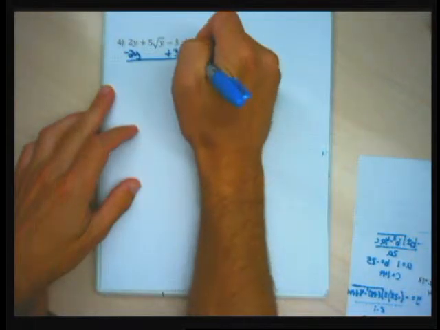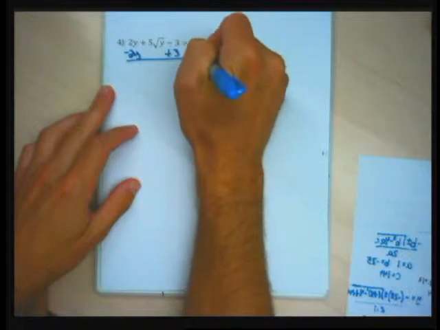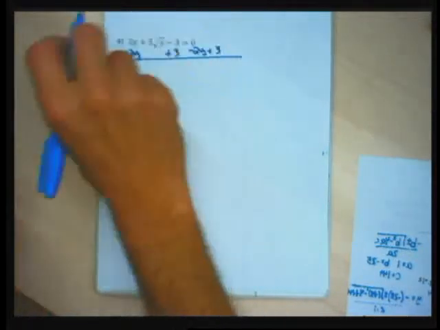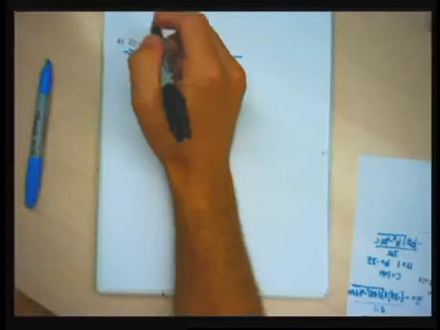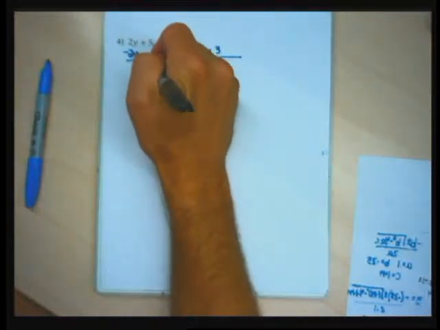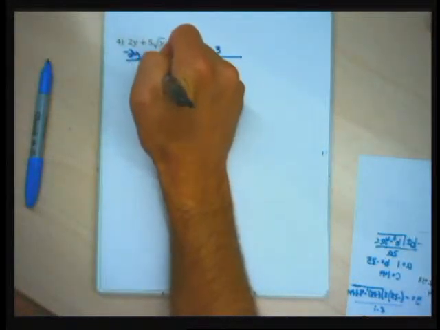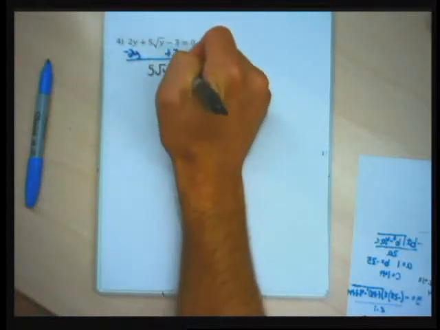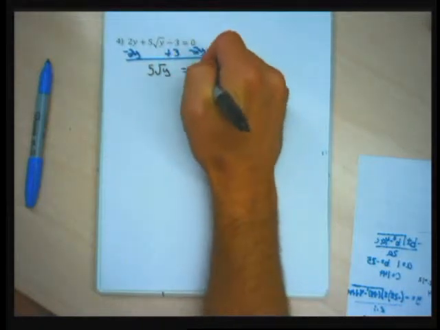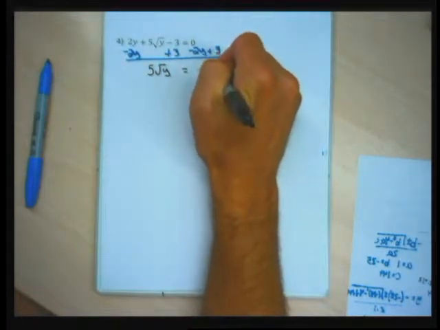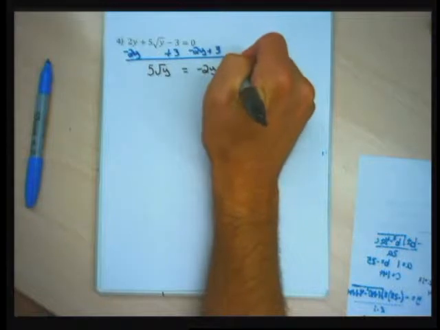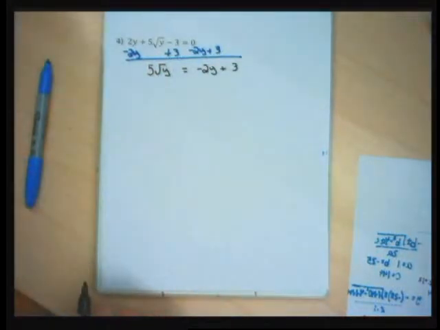If I do that to the left side, I have to do it to the right side. On the left side, when I minus 2y and add 3, I still have the 5 square root of y part. And on the right side, since there was a 0 on that side to start, the minus 2y and plus 3 just stay there on that side.